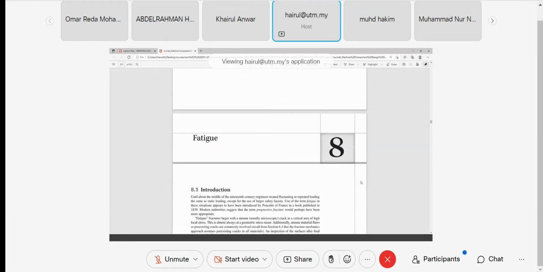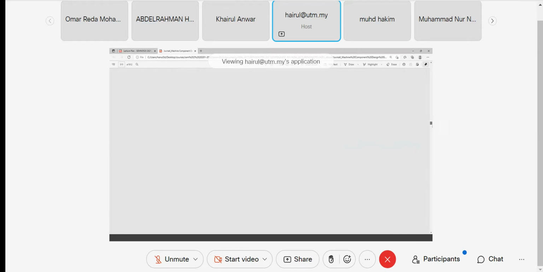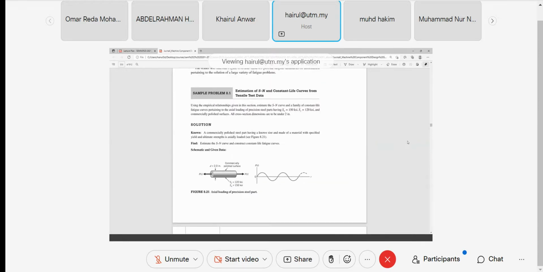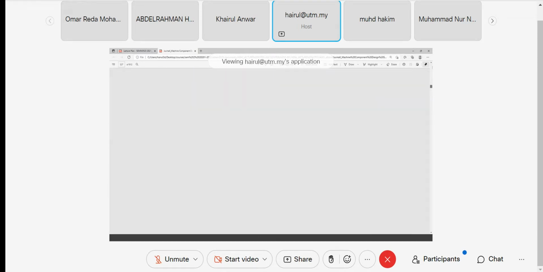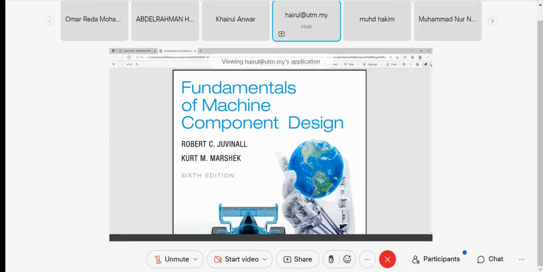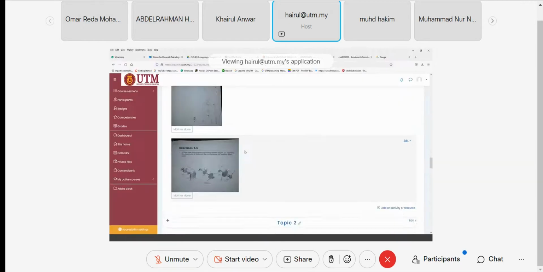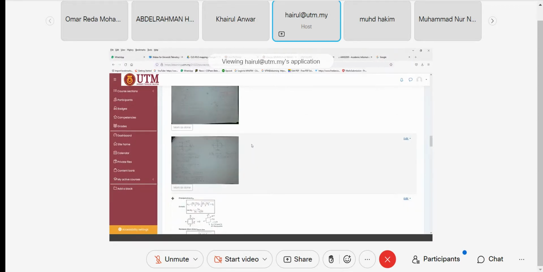We have a lot of other machine components like clutch plate, rope and brake systems. We do not go into that. Even for gears, they have bevel gear, worm gear. We do not go for those gears, we go for spur gears only. Just to mention, the textbook is already there in your e-learning.